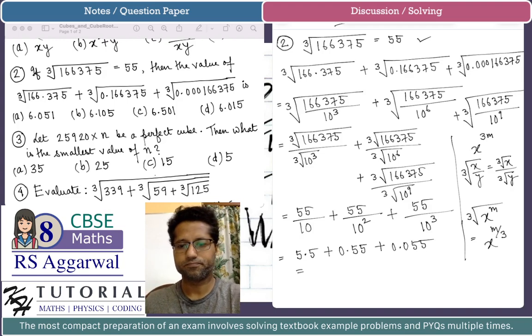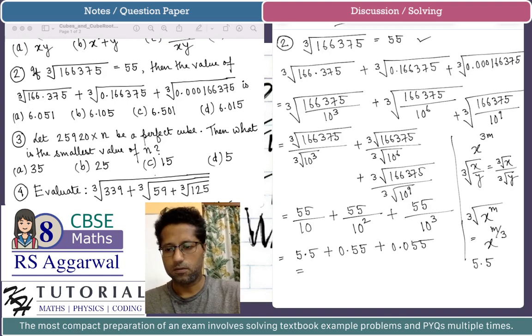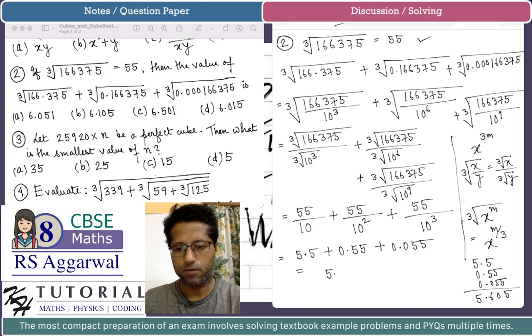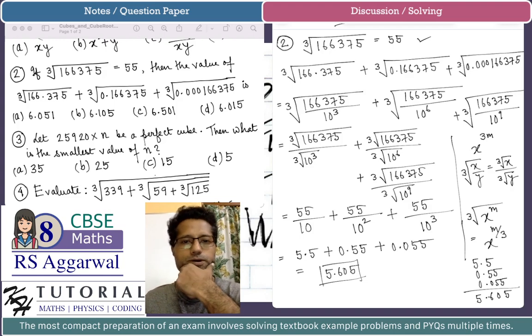So we have to add 5.5 and then 0.55 and then 0.055, which gives 5.605, the value of the given expression, 5.605.